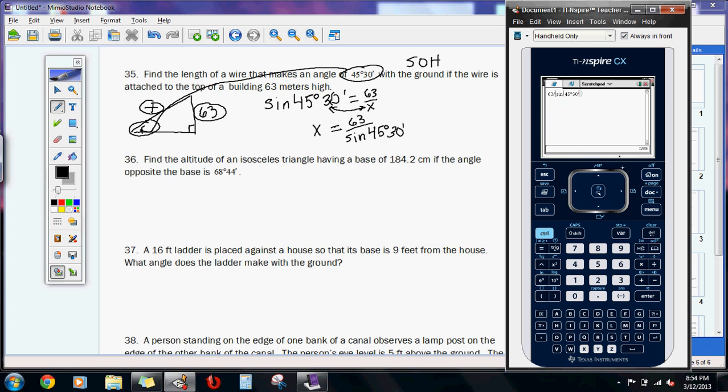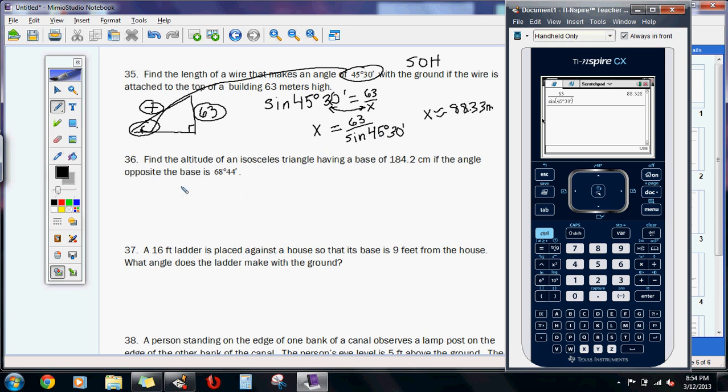Okay, so we have that, and if we hit enter, we can see that our answer for the length of the wire comes out to approximately 88.33, and we don't want to forget our units, in this case meters. Alright, moving on to the next one.